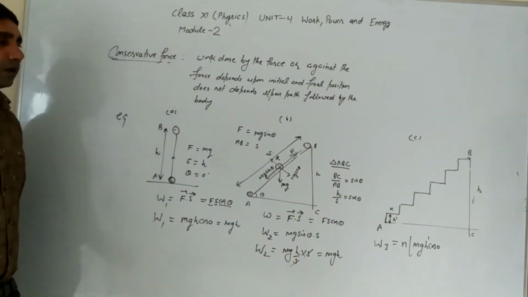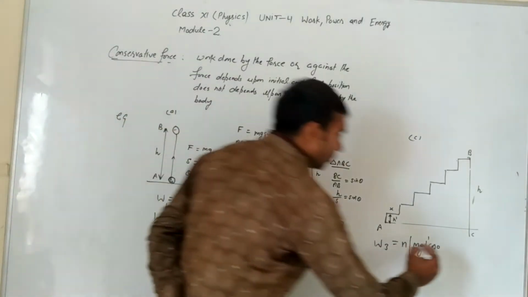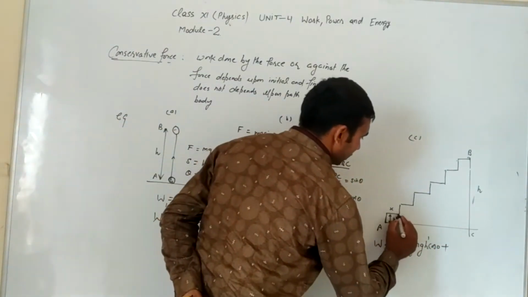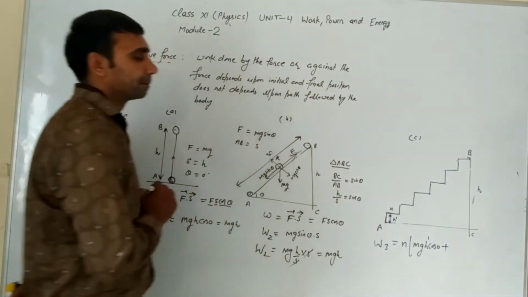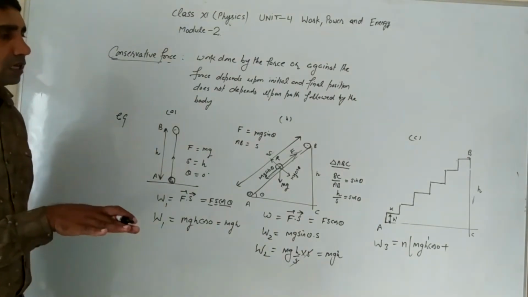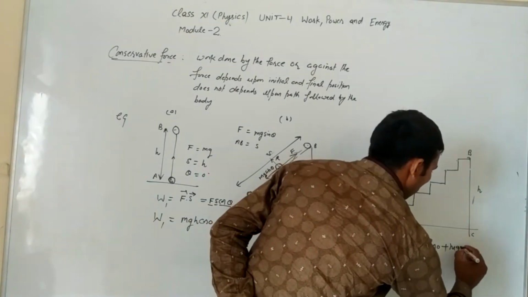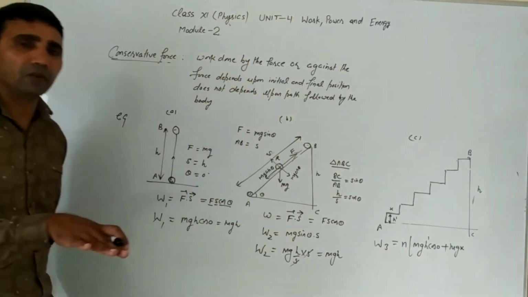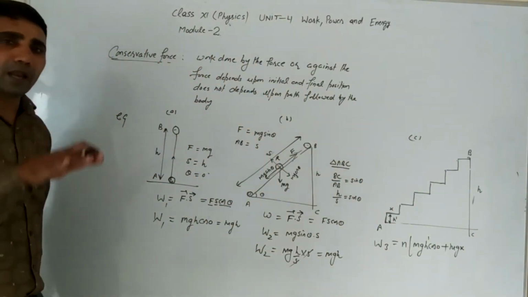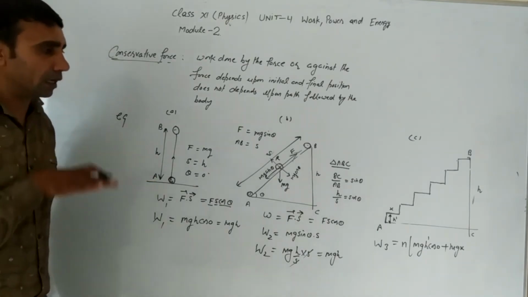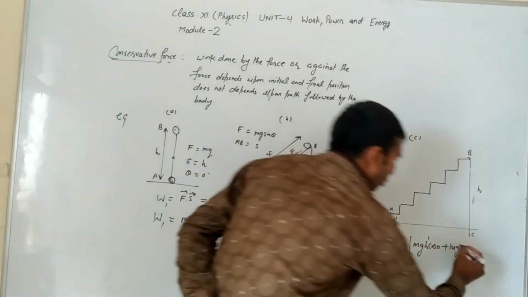Plus, when the body moves along this side, it is mg times x, and the angle between the applied force and displacement is 90 degrees, cos 90.